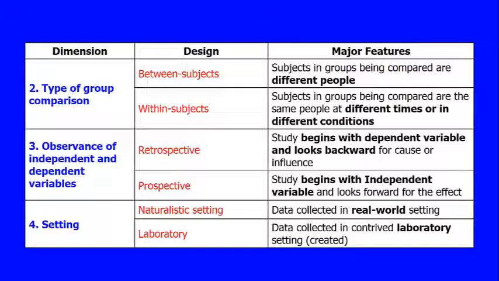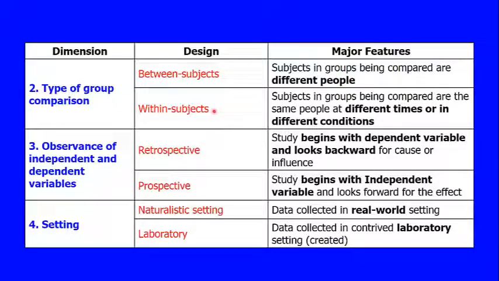The second important dimension is the type of group comparison, between the subjects or within the subject, because the control group sometimes can be from within the study group or from outside. If it is between the subjects, the groups being compared are different people, different groups of subjects.